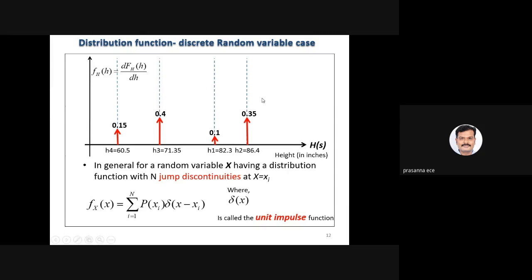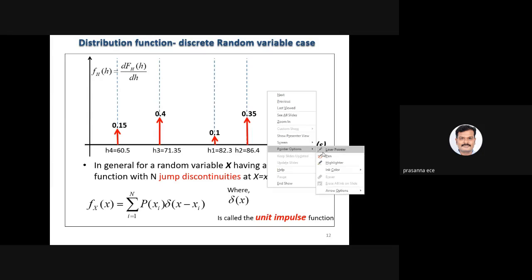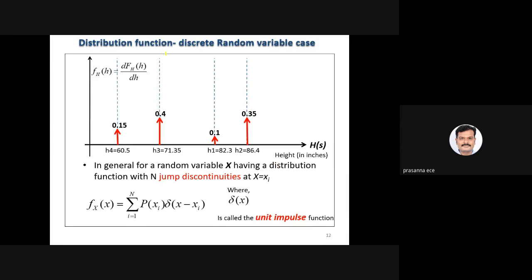I think we are almost at the end of the session. I'll just give you a brief description of how to represent our density function. So this is our density function.